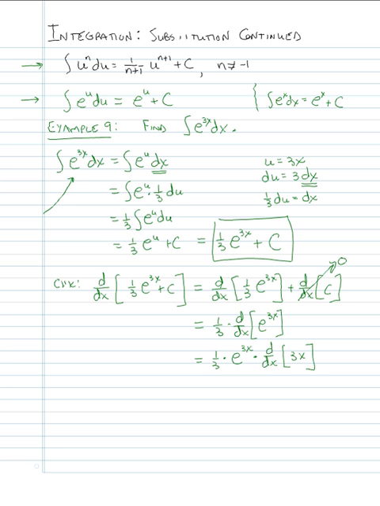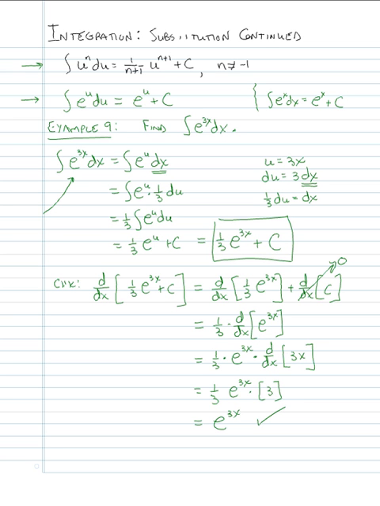And so we'd say times the derivative of 3x. Of course, that gives us 1/3 times e to the 3x, and the derivative of 3x is just 3. And you see now that we have a 1/3 times a 3, which ends up being 1, and so we're left with just e to the 3x. And so it does check out to be correct, doesn't it?